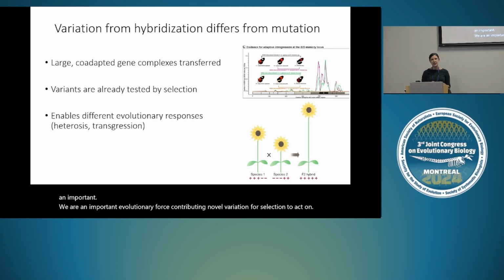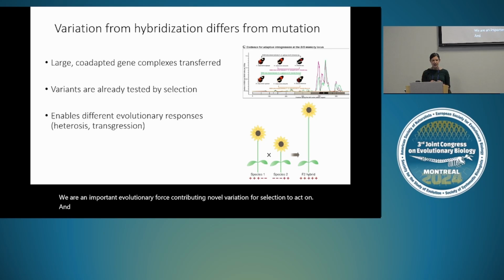Hybridization may generate variation in a way that's different from mutation. For instance, hybridization can transfer large co-adapted gene complexes that have already been tested by selection in a similar genomic background. Hybridization has also been shown to enable different types of evolutionary responses, such as heterosis and transgression, that I will come back to.